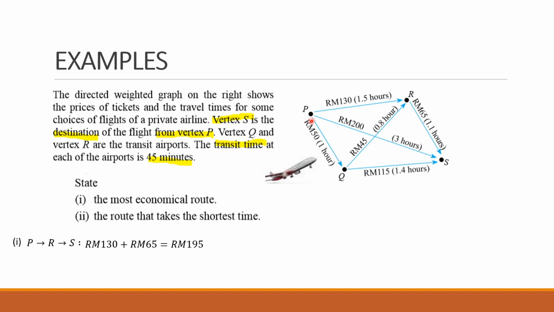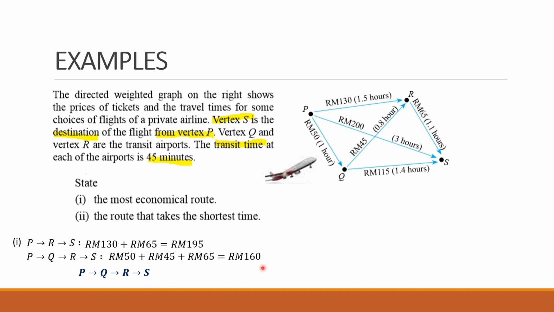So the more economical route is P going to Q, going to R, and going to S. The price will be 50 plus 45 plus 65, so the answer will be 160, which is the least price for the route, and therefore the answer for most economical route is PQRS. Okay, hopefully you can understand that.